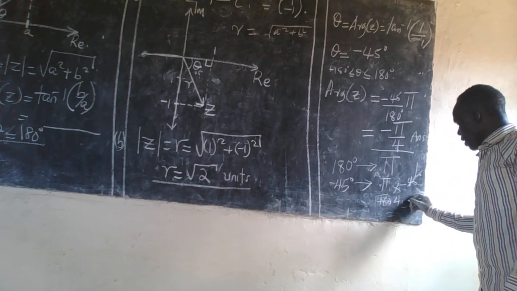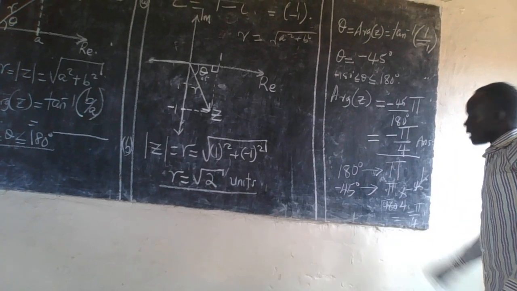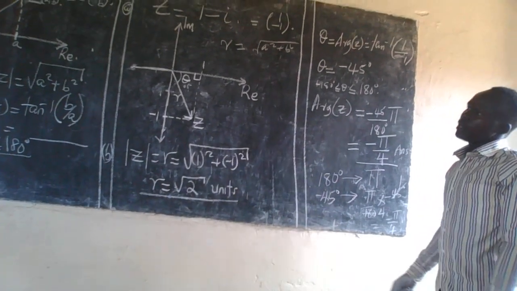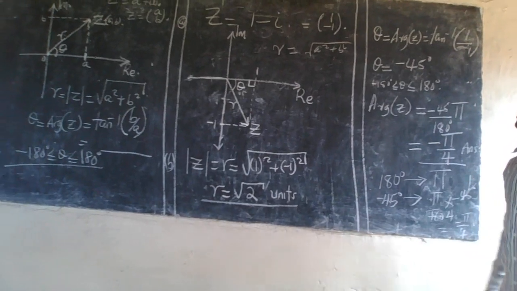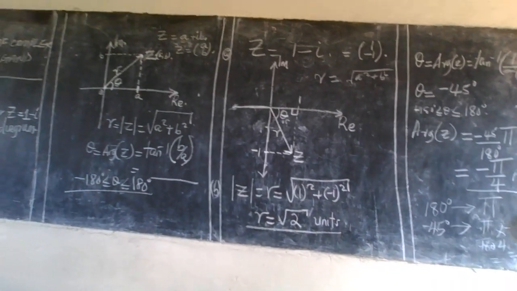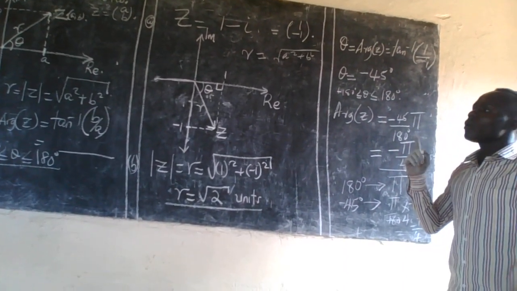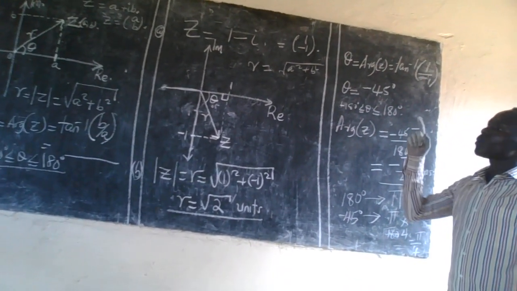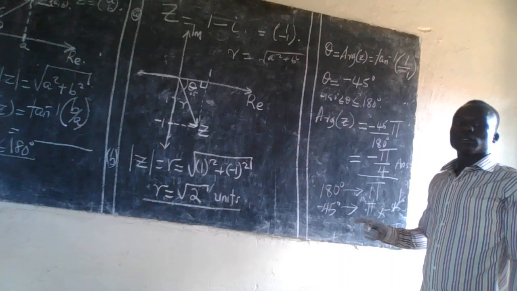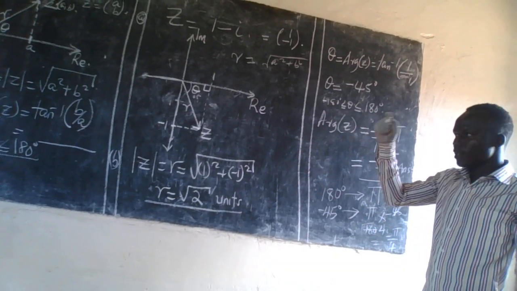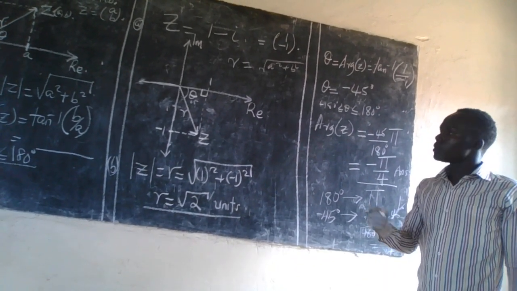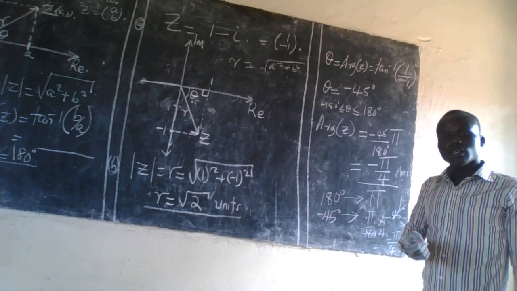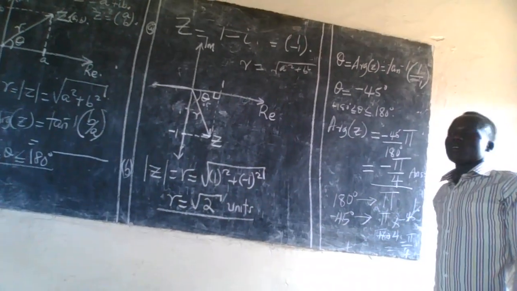Our answer is negative pi over 4, and that is the answer. So what you should keep in mind is that r is the modulus. We also call it magnitude. Somebody will set it for you as length. You must know it means the same. The unit is just units for length.